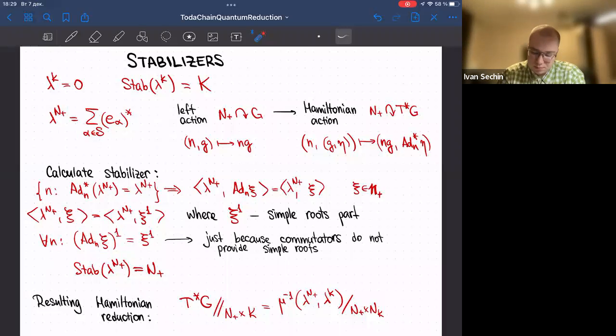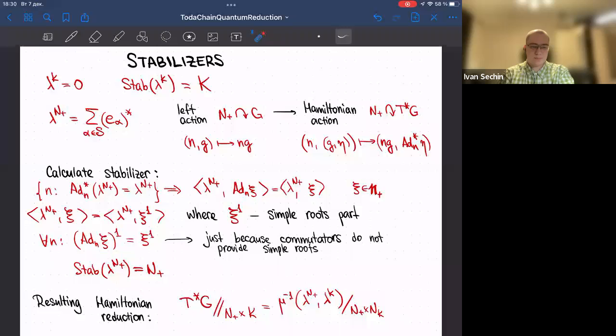We have, for example, for SLN, in psi all elements here non-zero, but non-zero pairings with lambda only for elements above the diagonal. Okay.